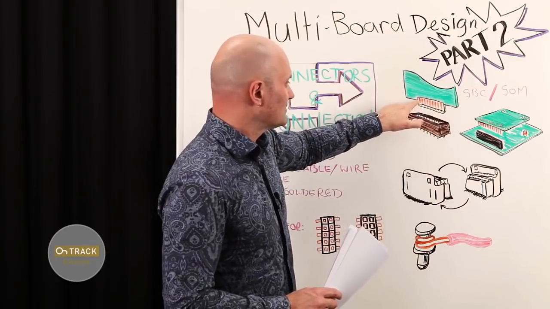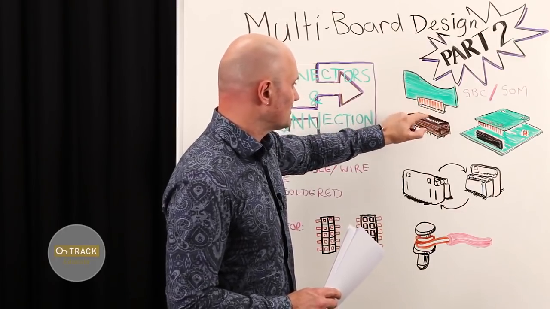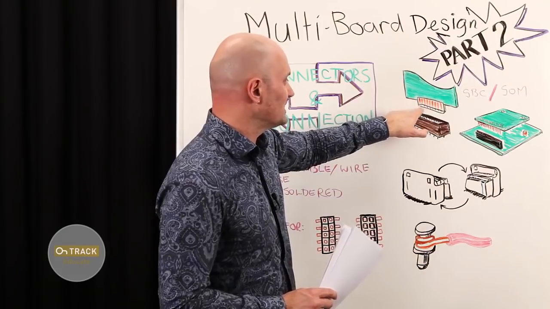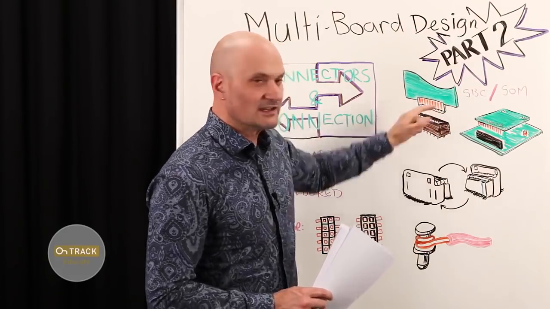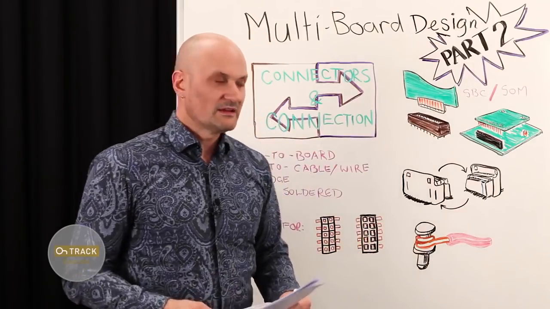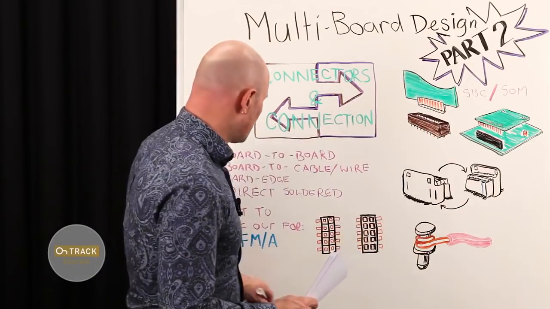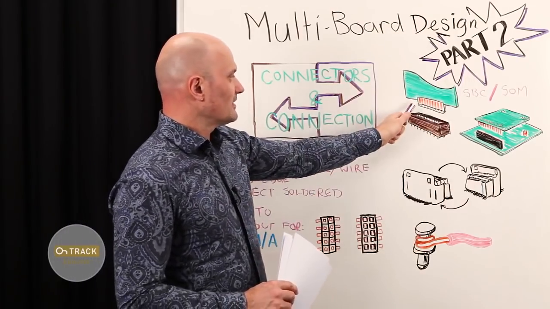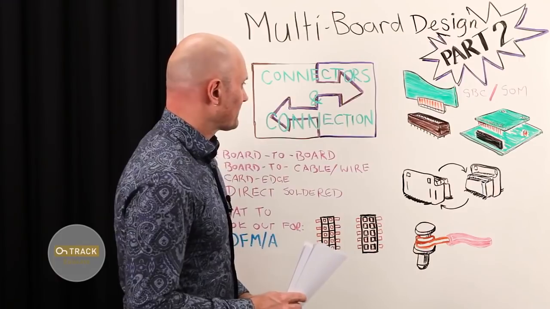You need solder mask openings to expose those gold fingers, and you need extra milling and machining to do the chamfered edge of the card edge connector that's in there. So there's just a few things to do with design for manufacturing if you're going to go the card edge route.